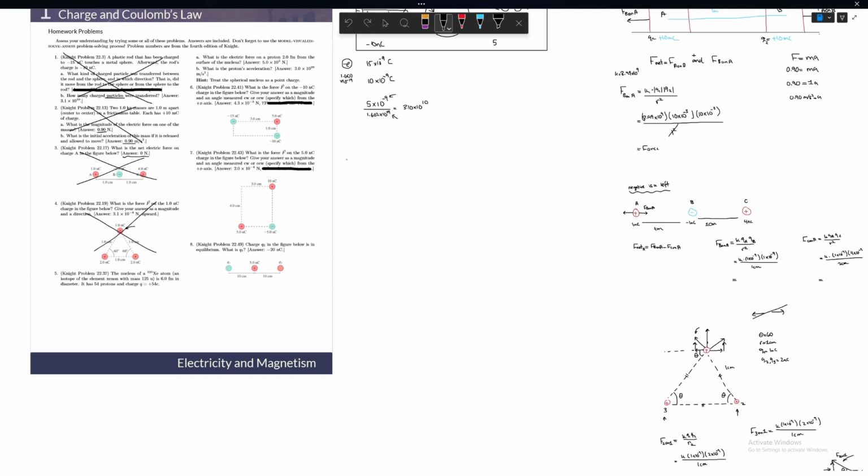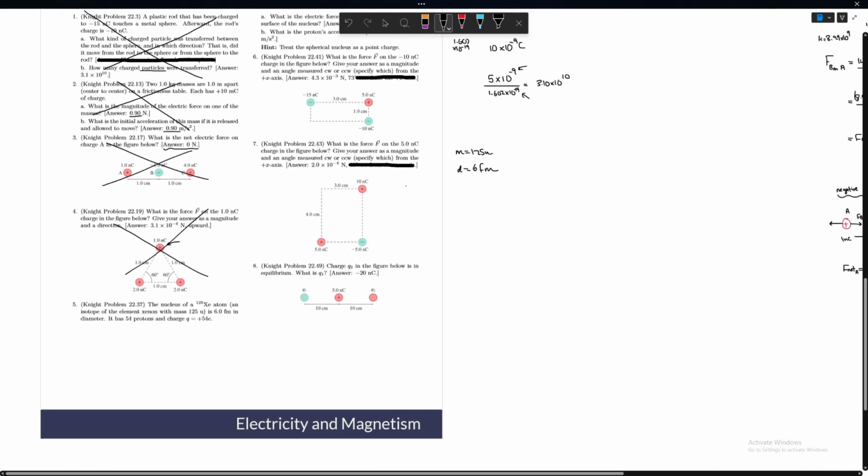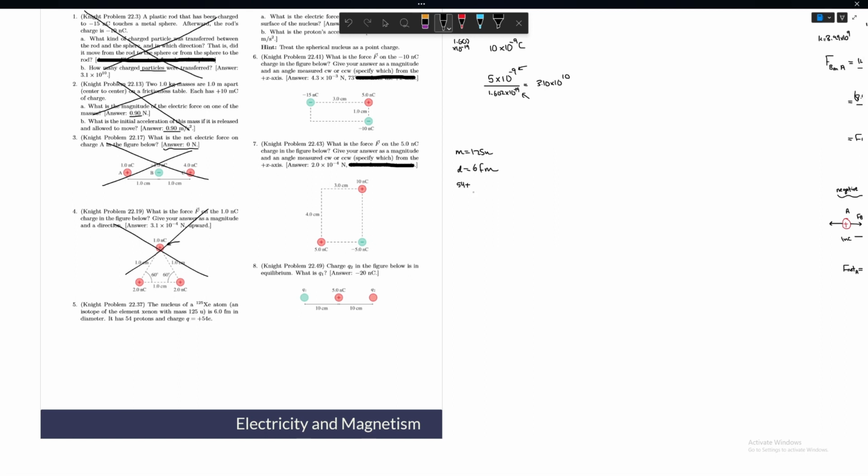So mass equals 125 U, and it is 6 femtometers. Actually, that's the diameter. So diameter equals 6 femtometers, and it has 54 protons.